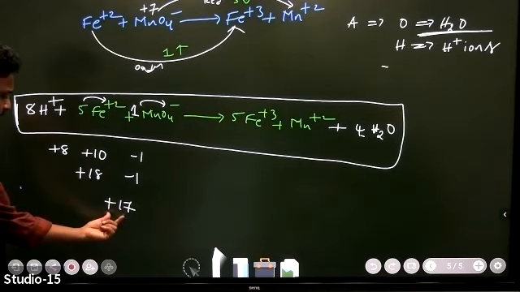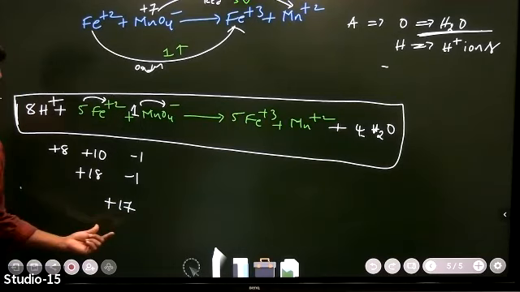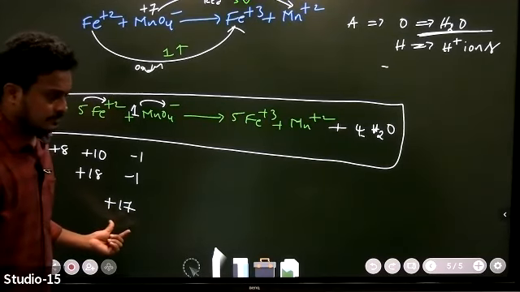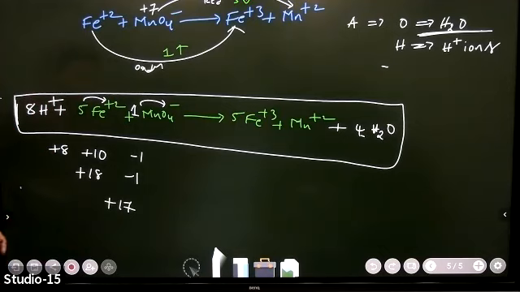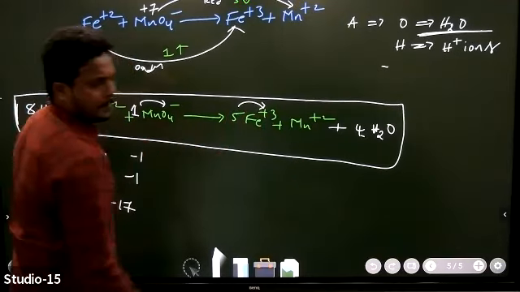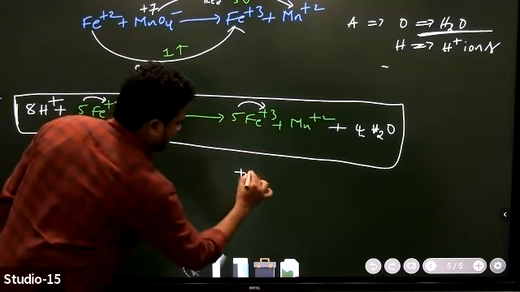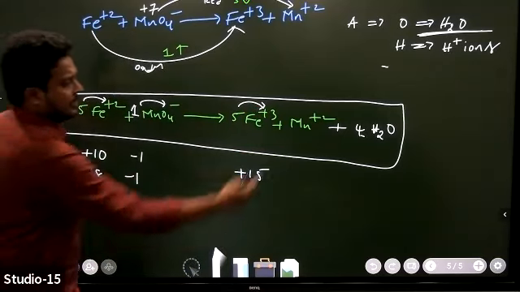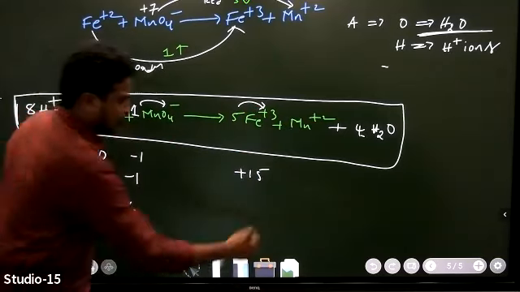All of you clear up to here? How can we get plus 17? In left hand side, total positive charges are plus 17. Coming to right hand side, see, 5 threes are 15 positive charges, and 1 Mn contains 2 positive charges.